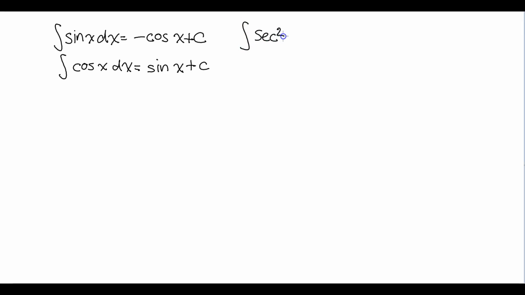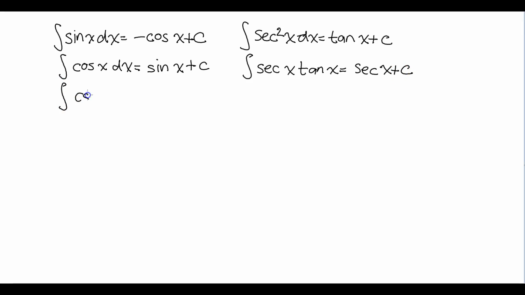You can say the same thing for secant squared of x dx, which equals tangent of x plus c. The integral of secant of x tangent of x equals secant of x plus c.